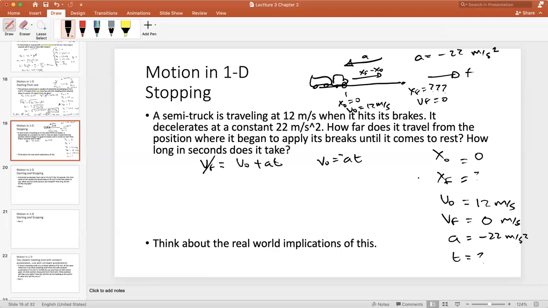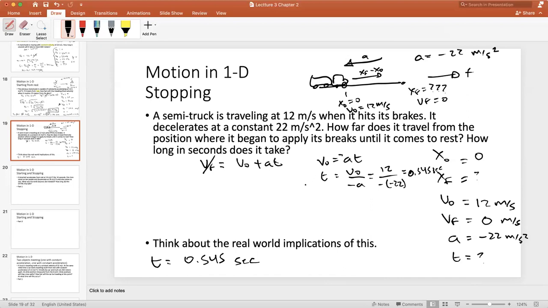So we're solving for t: t is v initial over negative a, which is 12 over negative 22, or 12 over 22. 12 over 22 is 0.545 seconds. That's our time. It's actually a repeating decimal, that's fine, close enough.